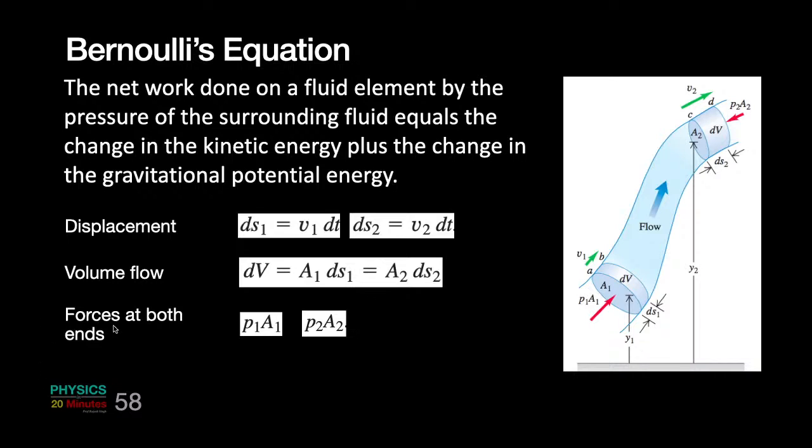Force at both the ends. We assume that the pressure here is P1 and the pressure here is P2. External pressure here is P1, here it is P2. Now if the pressure is P1 and area is A1, then the force at this point is P1A1, while the force here will be pressure times area at this point, which is P2A2.